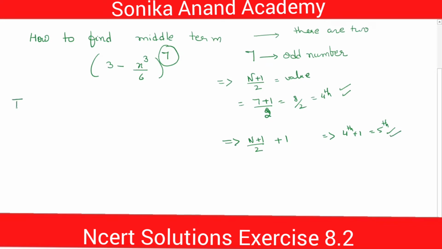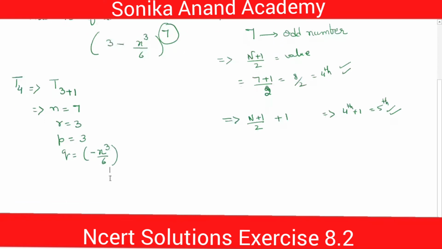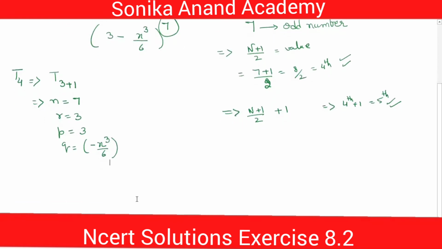Now for the fourth term, we can write it as T3+1 according to our formula. So from here, the value of n is 7, the value of r is 3, the value of p is 3, the value of q is −x³/6. Clear?